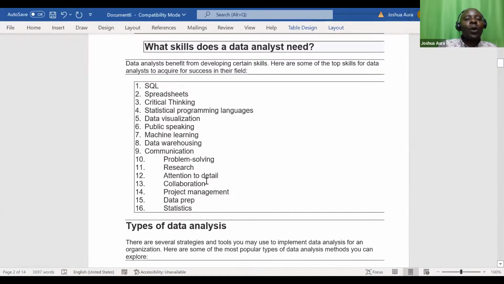Especially when you are doing what we call data mining, it's a project by itself. So you must be good in project management. Then we have data preparation. We have statistics.